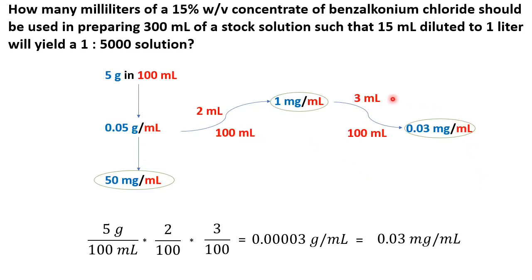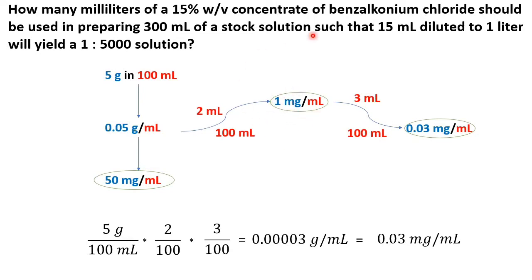We go in the opposite direction: we multiply 0.03 times 100 over 3. So the concentration of the stock solution is 1 milligram per milliliter.